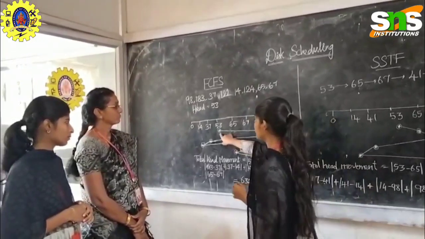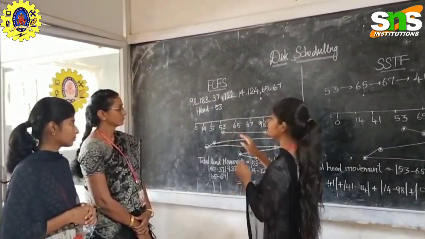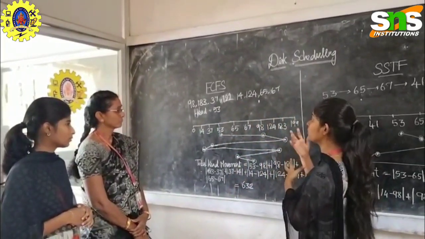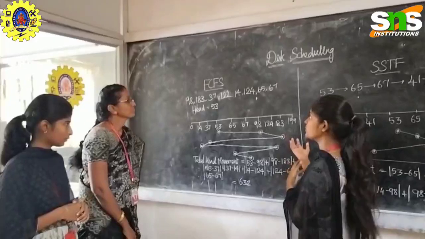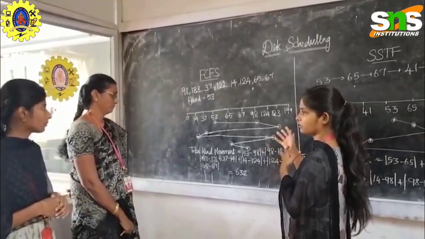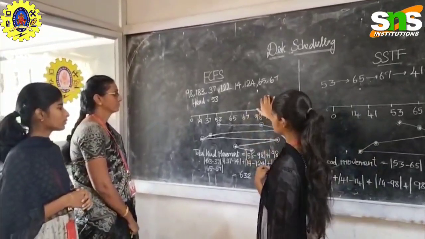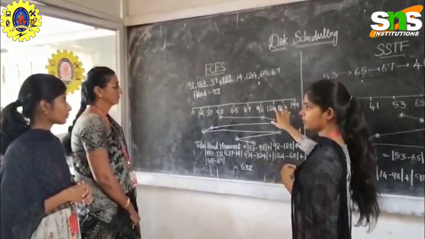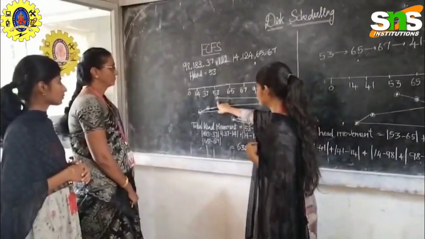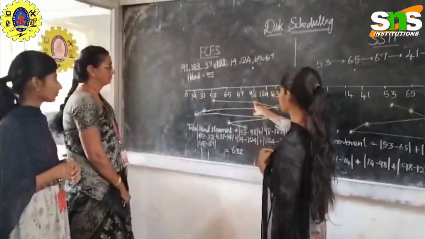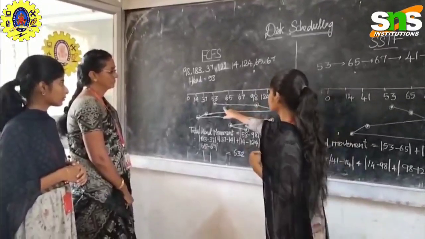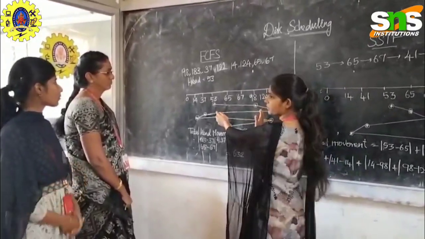So I start from 53, and in first come first serve, we consider whichever request came first and serve it first. In my question, 98 comes first, so from 53 I move the pointer to 98.